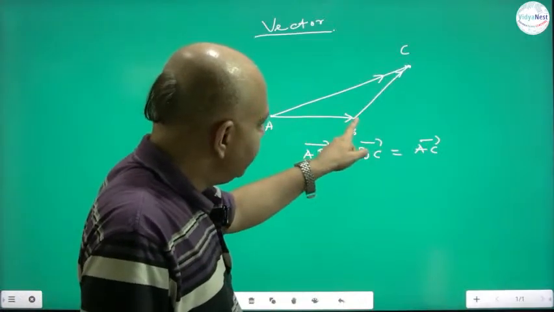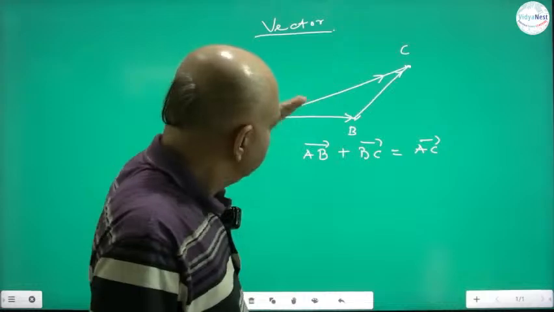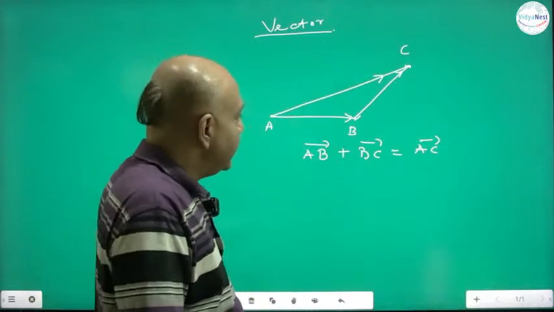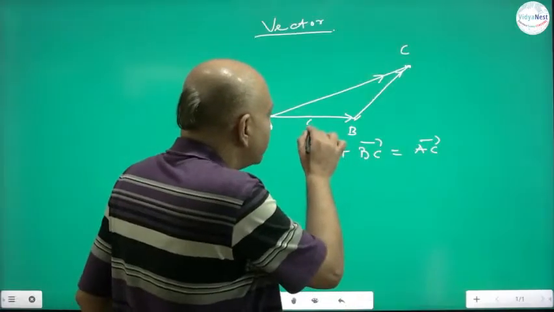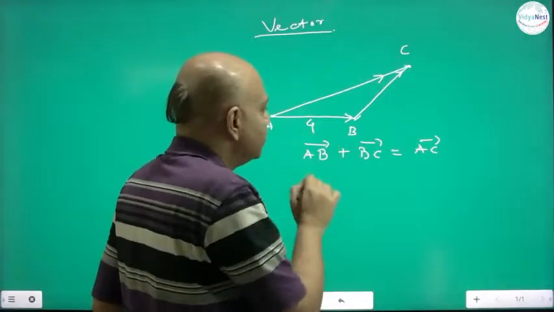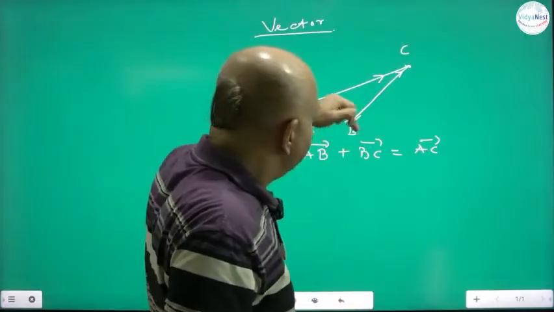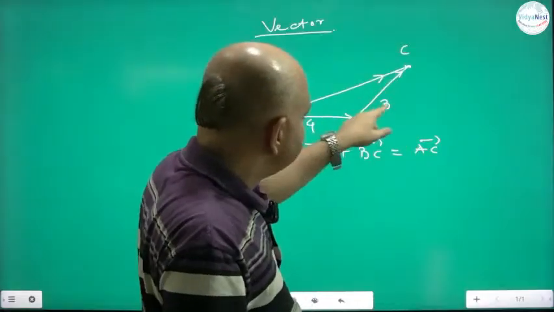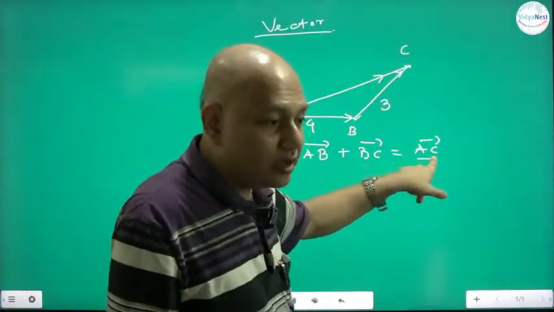Vector AB, vector BC, vector AC. If the magnitude of vector AB is 4, suppose 4 centimeter or 4 unit, and the magnitude of vector BC is 3, then can I tell that 4 plus 3, 7, 7 mane AC? No.